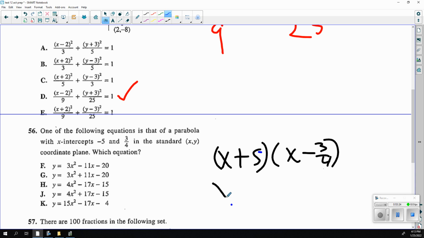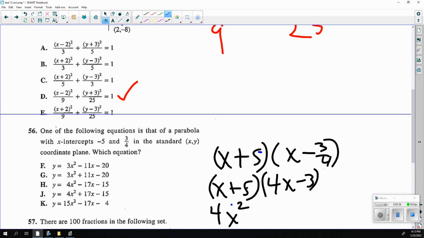Now that 3/4 is the zero, so kick the 4 over: 4x minus 3, and FOIL these two. 4x squared plus 20 minus 3, plus 17x minus 15.